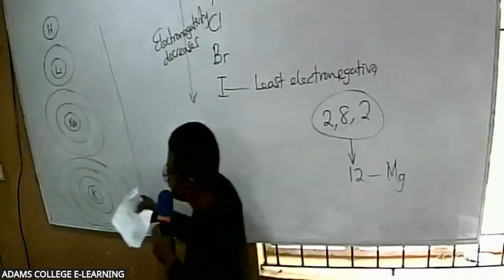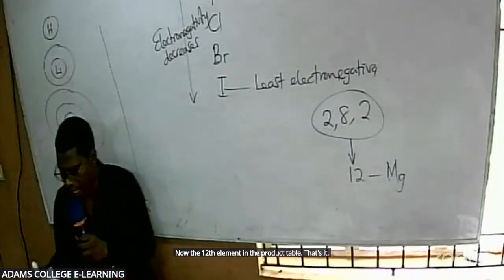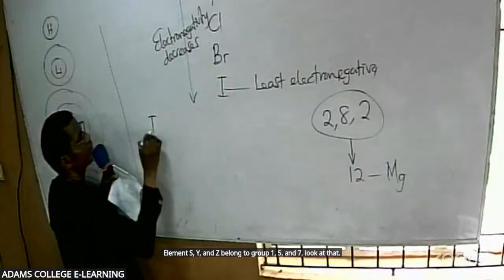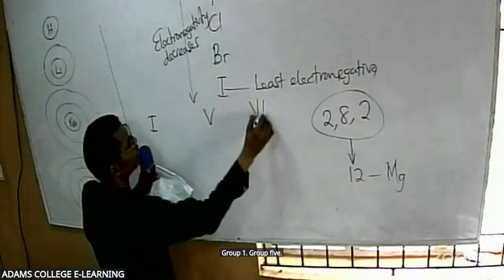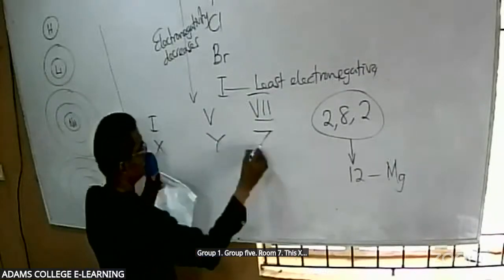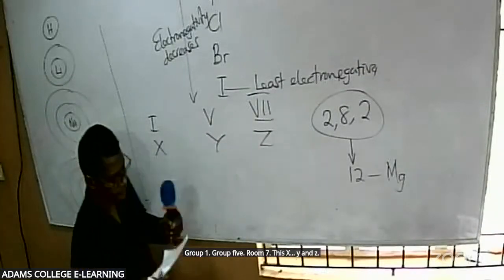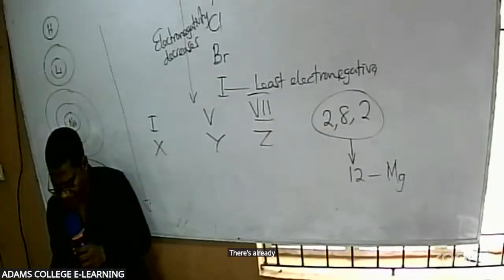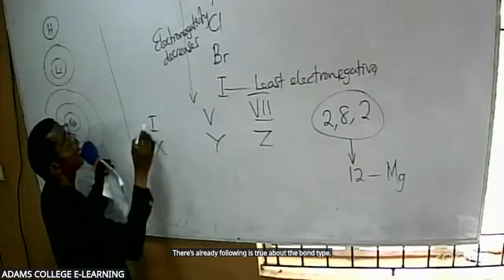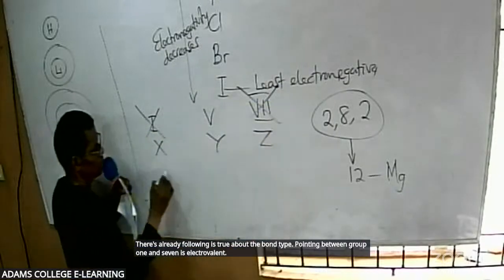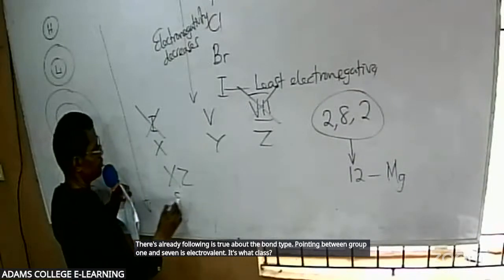13. Elements X, Y, and Z belong to group 1, 5, and 7. Which of the following is true about the bond type? Bonding between group 1 and 7 is electrovalent.